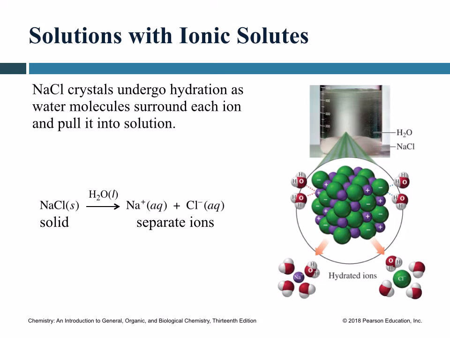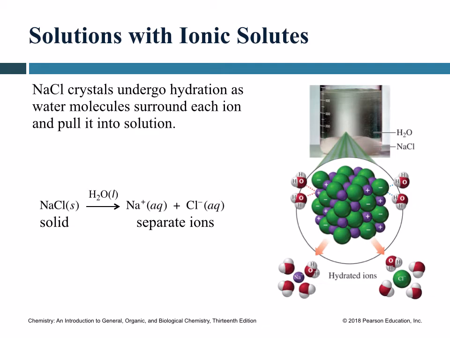Ionic compounds can also dissolve in water. For example, sodium chloride will undergo hydration as water molecules pull the sodium and chloride ions apart. Since water is polar, the resulting interactions are ion-dipole interactions.